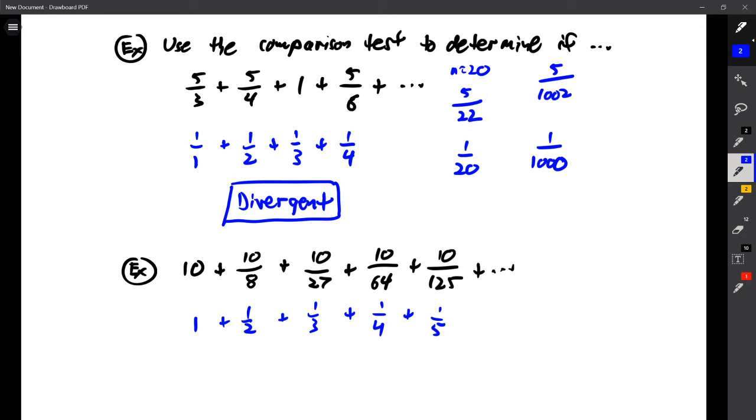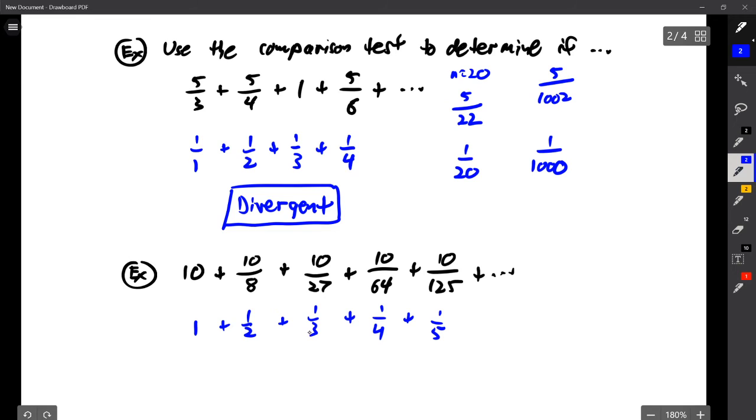And, well, we start out bigger, right? 10 is definitely bigger than 1. 10/8 is bigger than 1/2. 10/27 is bigger than 1/3. But by the time we're here at 10/64, we're smaller than 1/4. 10/125 is smaller than 1/5. So it looks like we're getting smaller more quickly than our divergent series. So that doesn't tell us any information.